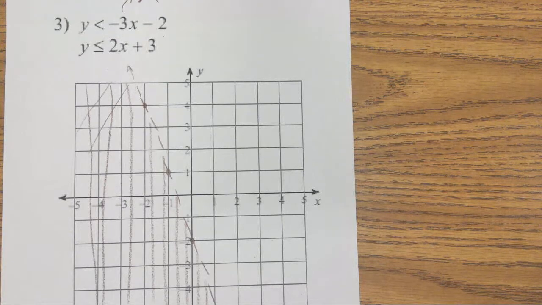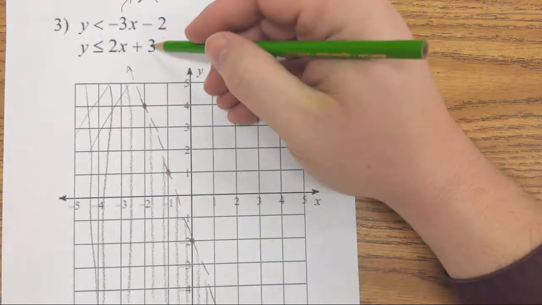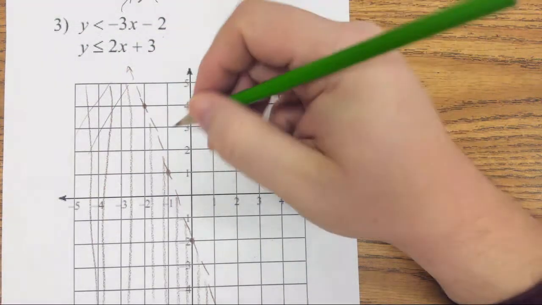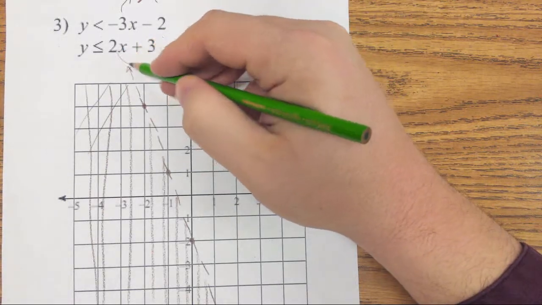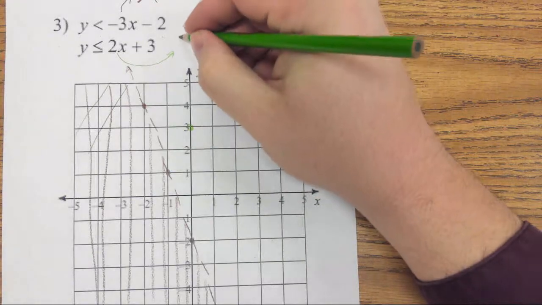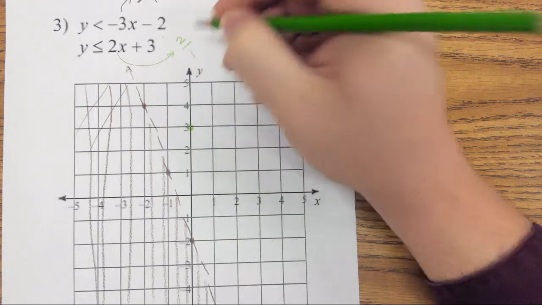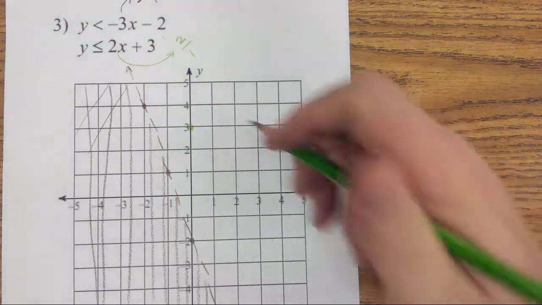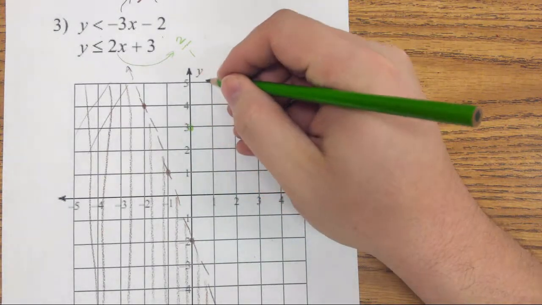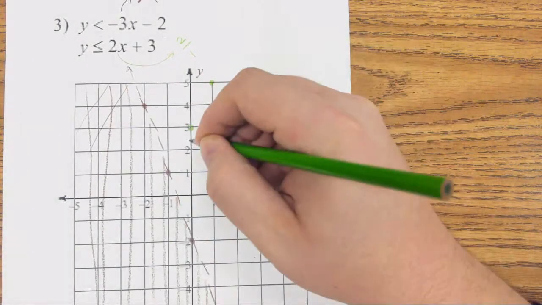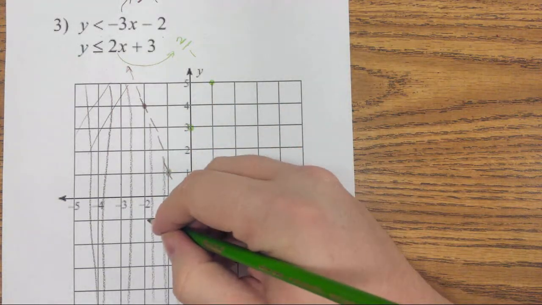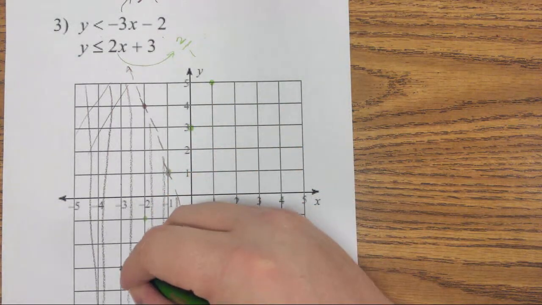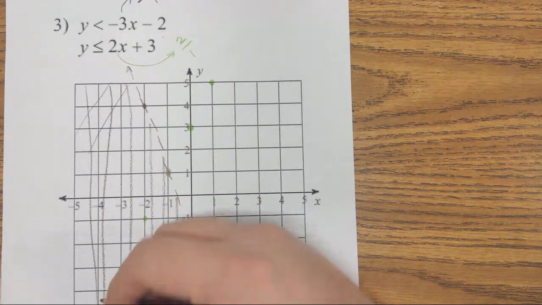Let's do the second line now. This one is at positive 3 for the y-intercept. And it's got a slope of a positive 2 over 1, which means I'm going to go up 2 over 1, down 2 over 1, there's a point of intersection, and keep going down 2 over 1.